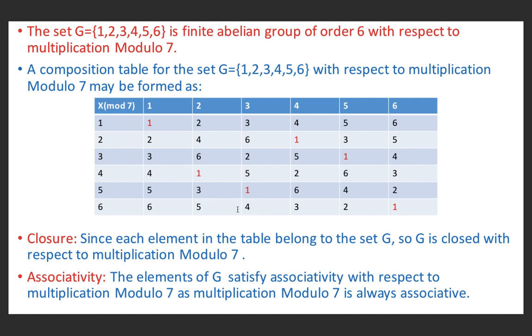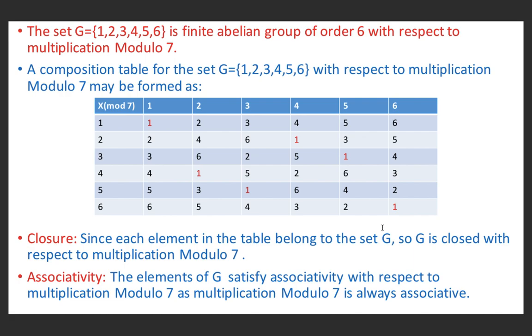When we divide 18 by 7, the remainder is 4. 6 4s are 24. The remainder is 3. 6 5s are 30. The remainder is 2. 6 6s are 36. When divided by 7, the remainder is 1.